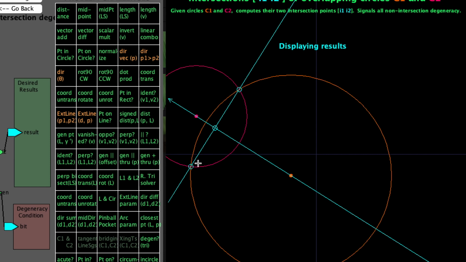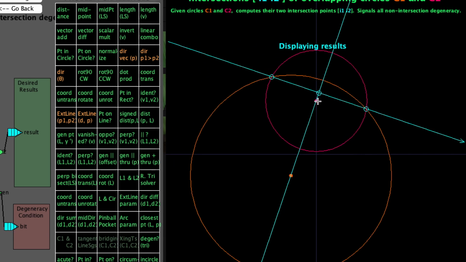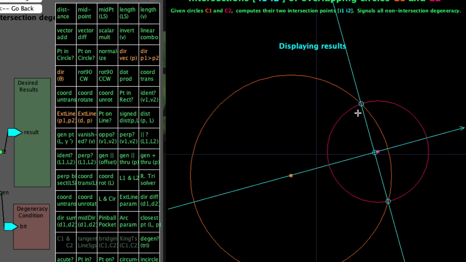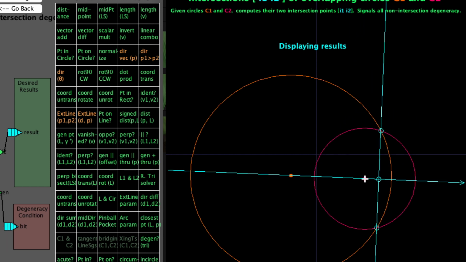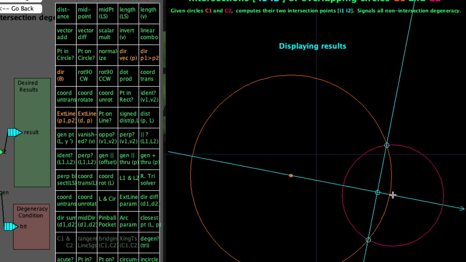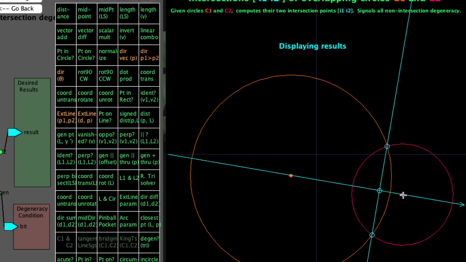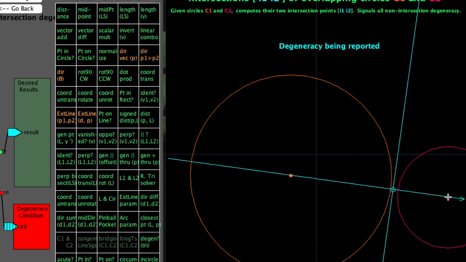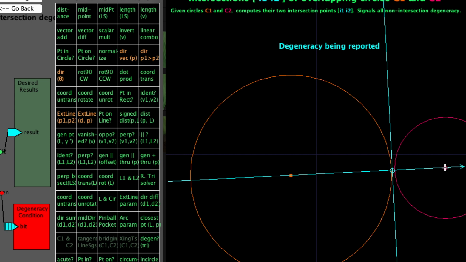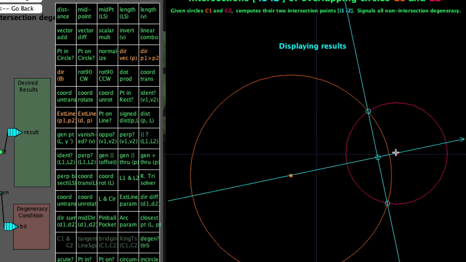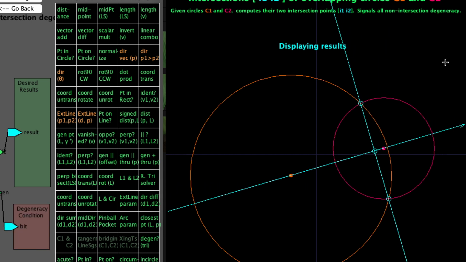It's like so. And then you can take the intersection of that line with either circle, and that will give you the two intersection points. And we'll use the degeneracy output of that intersection of line and circle to know when we've lost our solution to intersection of the two circles.